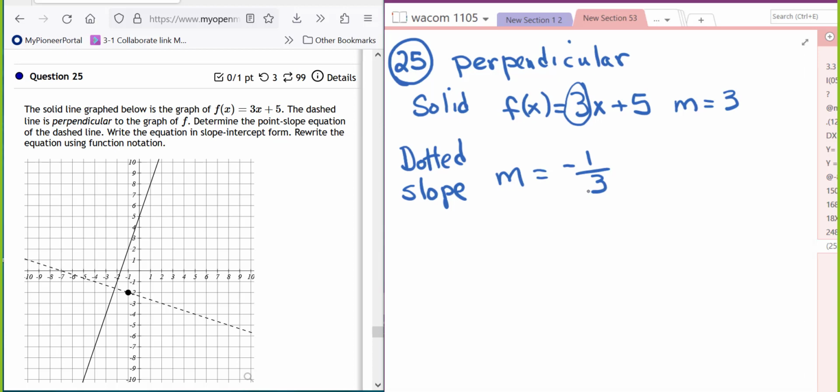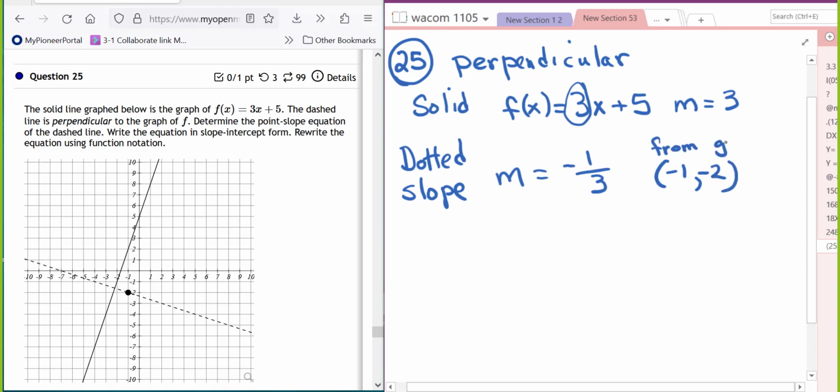You need the slope and 1 point. So they have given you a point here. We'll see if Miss H can pick the right coordinates this time. -1, -2. And we just took that from the graph. And then we can write the equation of the line.